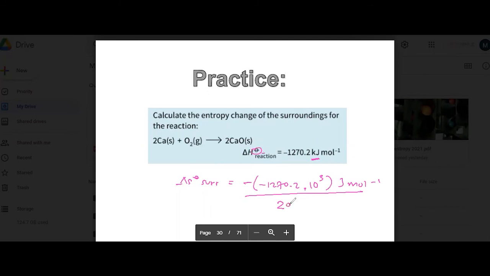So 298 Kelvin. The result will be, don't forget the units, joules Kelvin minus 1 mole minus 1, or joules per Kelvin per mole. So this is how we find the delta S of the surroundings.